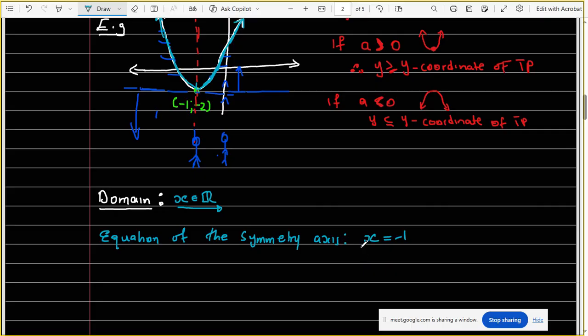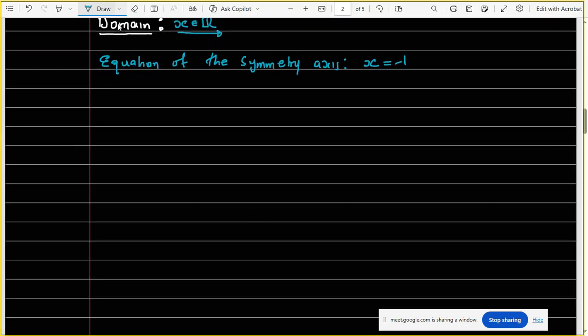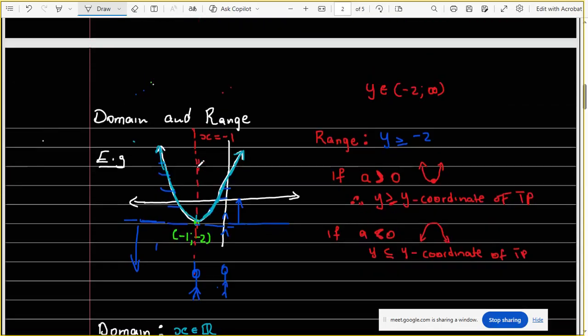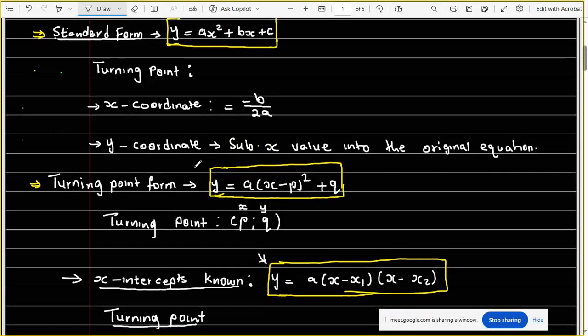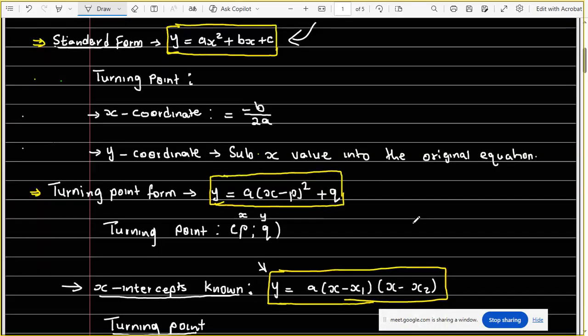Should we dive into examples? Yes, please. Okay, so what I'm going to teach you now, let's say that you are given a standard form. Remember, if we say that the parabola is in standard form, this is the standard form. So let's say you need to move from standard form and convert that to turning point form.